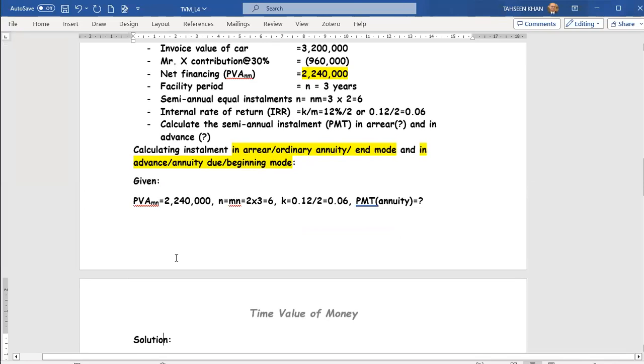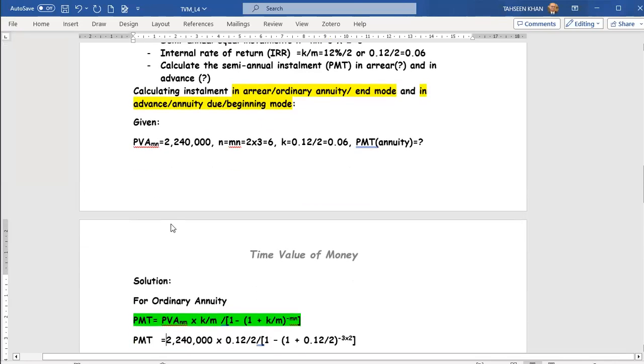What's given in the question? First of all, PVAMN is equal to 22,40,000. N is equal to 2 multiplied by 3 equals 6, and K is equal to 0.12 divided by 2 equals 0.06, and PMT is to be calculated.